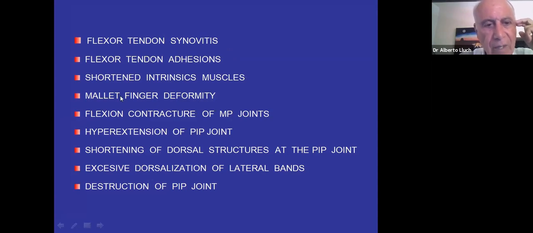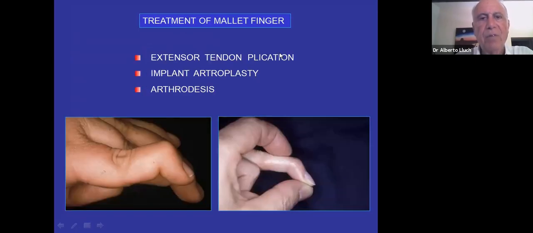But if you leave one without correction, a mallet finger, a flexion contracture of the MP joint, the stiffness of the PIP joint, or flexor tendon adhesions, you will not get a good result. But if you do all the things that are listed here, you will always get an excellent result after correcting the swan neck deformity.